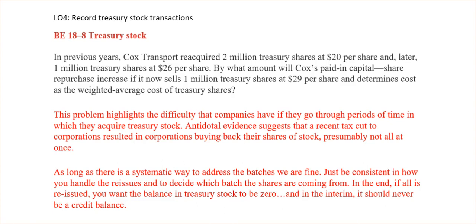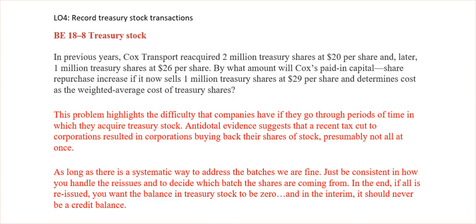This problem will highlight the difficulties that companies will have if they have periods of time in which they reacquire stock. They will have them in batches. The anecdotal evidence suggests that our recent tax cut, and that would be the corporate tax cut under President Trump, resulted in corporations buying back their shares of stock, presumably not all at once.